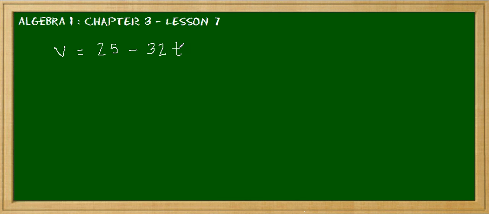Now, we should always read deep into what they're explaining so that we fully understand. V represents the speed, and that's in feet per second. And t represents the time in seconds from when? It says since the shot was released. So at the point of release, that's 0.